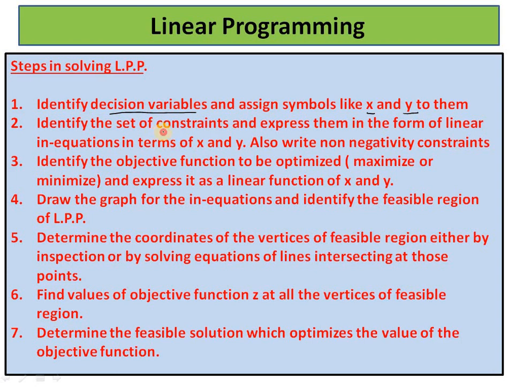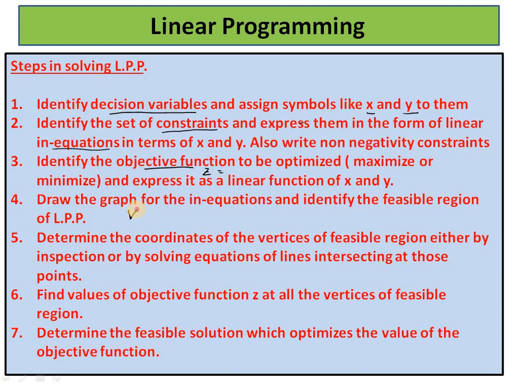Then with the constraints we made the inequations. Here we had two inequations. We also wrote the non-negativity constraints, meaning x and y can never be negative. Identify the objective function: what is profit Z equal to, which we wrote.